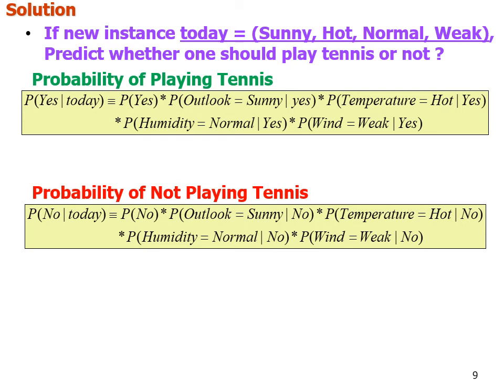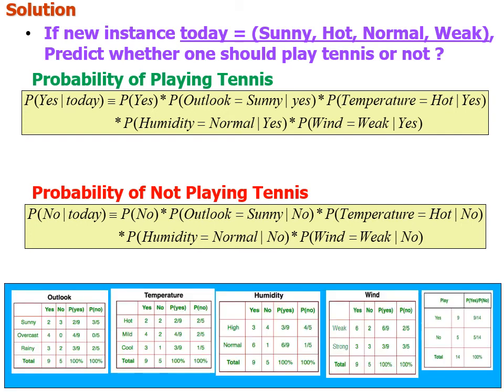So, once again refer to whatever we have computed. We are having in the tabular format the probabilities for 4 attributes: outlook, temperature, humidity and wind, and these probabilities are being computed for all distinct values of every attribute.